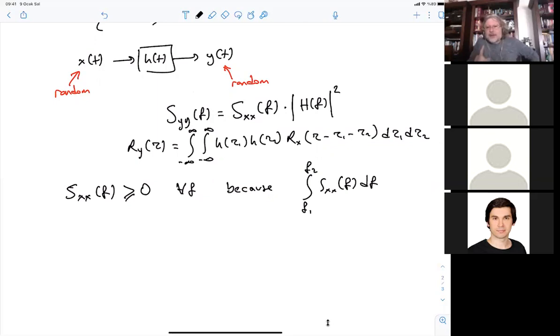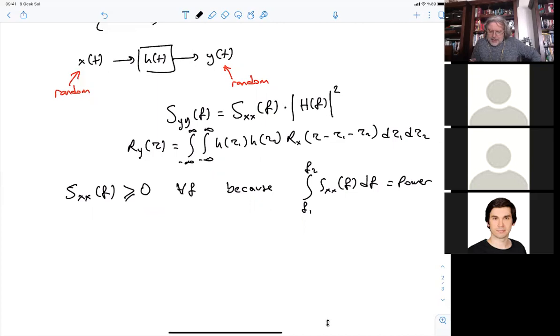So if you integrate the power spectral density over all the spectrum, you get the power. And power is a square term. We know that power cannot be negative. Mathematically, it is always positive.